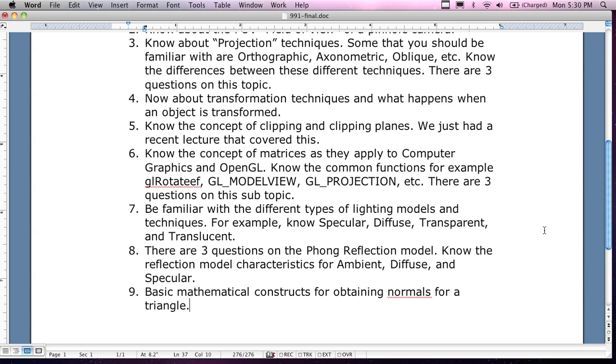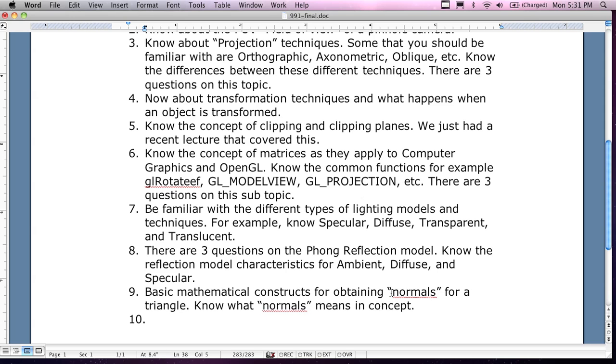And I'm going to put normals in quotes here because normals and the concept of normal is something you want to know too. Know what normals means in concept, the normal position.